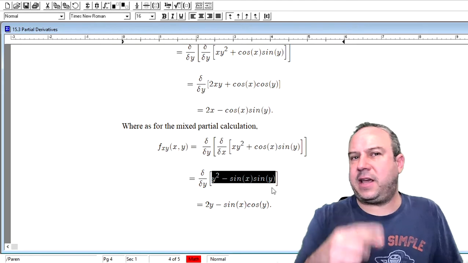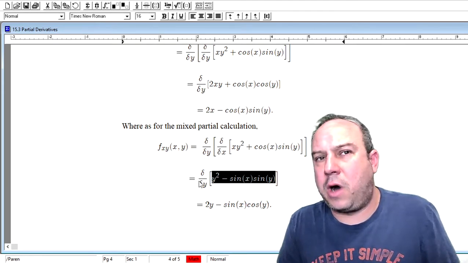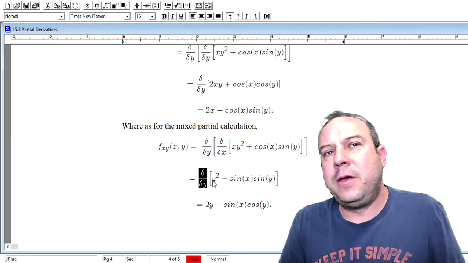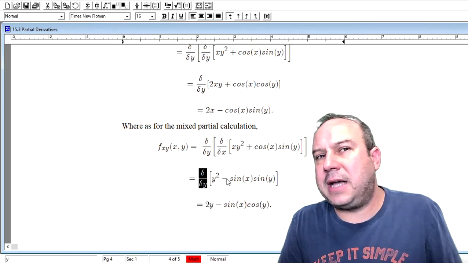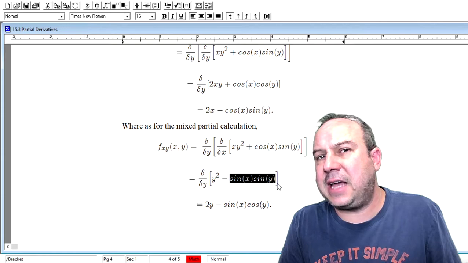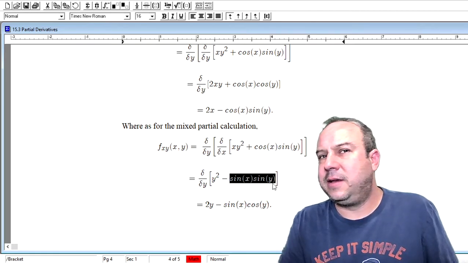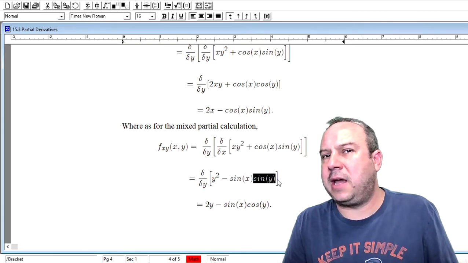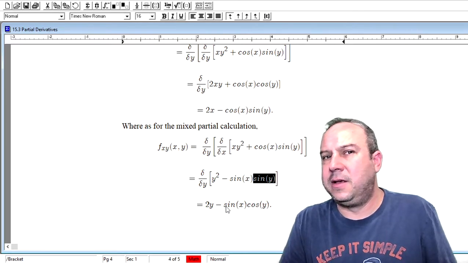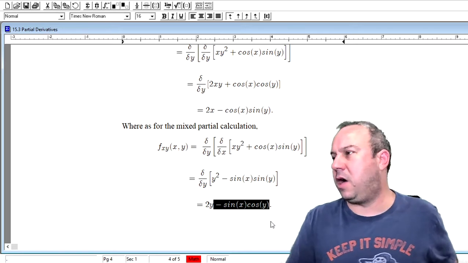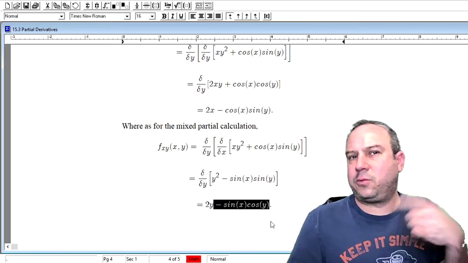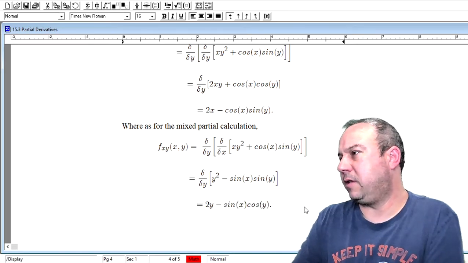Now if I take that resulting partial with respect to y, when it applies to y squared, that's just 2y. But when it applies to the sine x sine y, it applies to just the sine y and becomes cosine y. So this resulting partial would be negative sine x cosine y. That is what would be our mixed partial calculation.